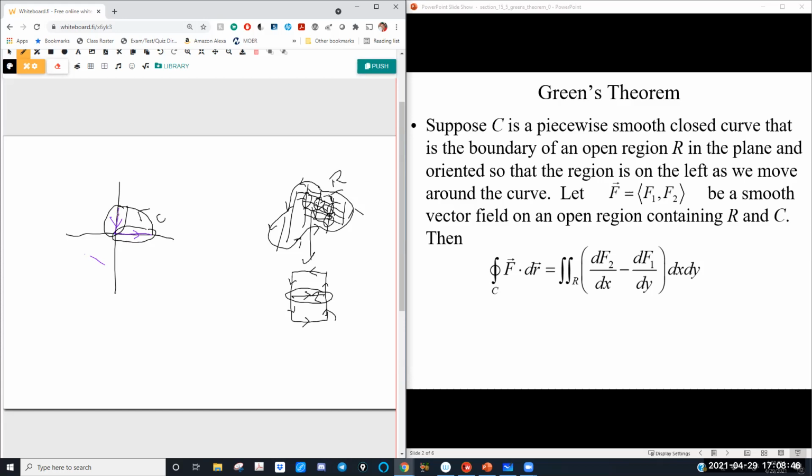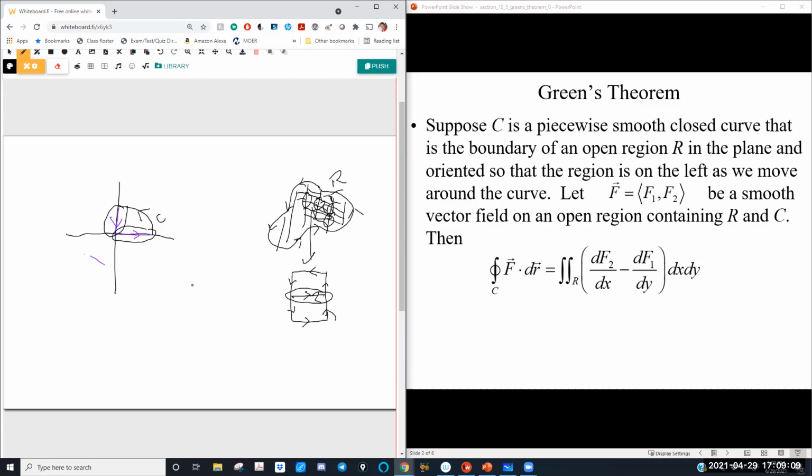We'd only do that if making it closed gives us a nice, easy to deal with region. We don't want to make things harder for ourselves. If it makes our region easier to deal with, we'll close it, and then we'll just do line integrals on the purple paths and subtract those out from the total.